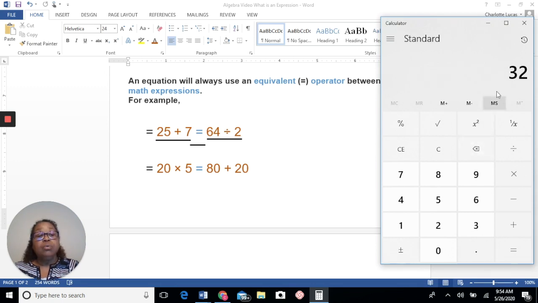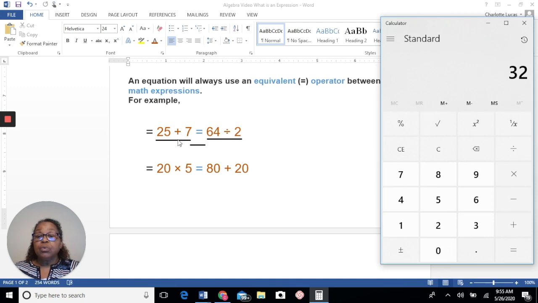Let's find out. We have to clear out our calculator. And 64 divided by 2 equals 32. So these two expressions are the same. They are equal. So this is a true equation.